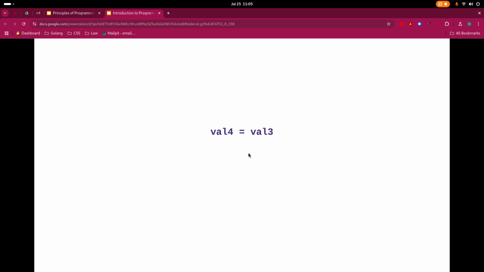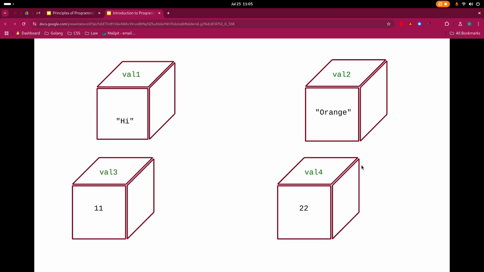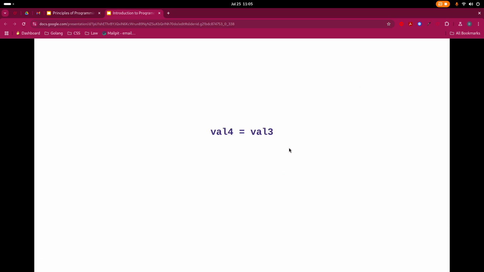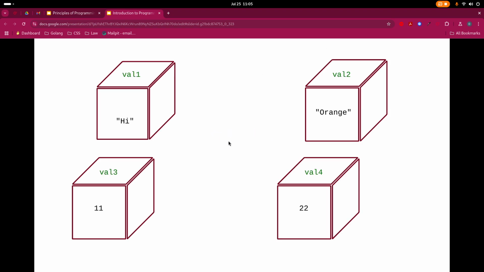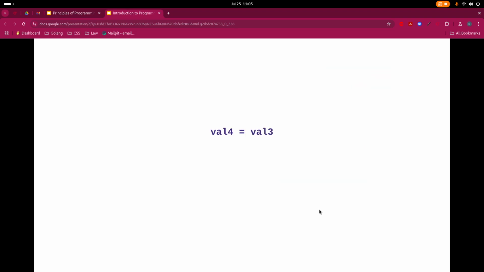How would I interpret this? I would start off on the right hand side. What is in val3? Well, it has 11. So I'm going to take that 11 and put it into val4. Val4 has 22, so I expect that this 22 will be destroyed and 11 will be in there.